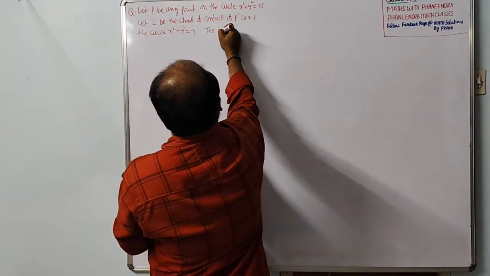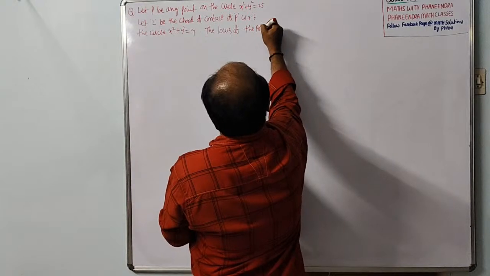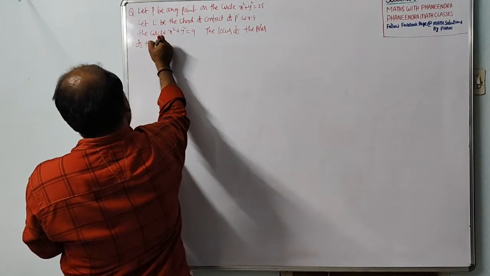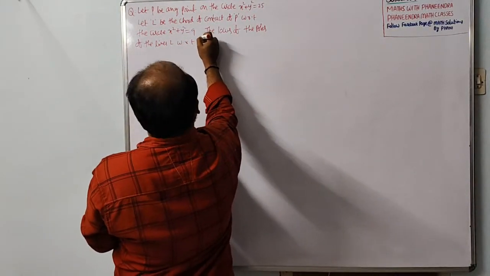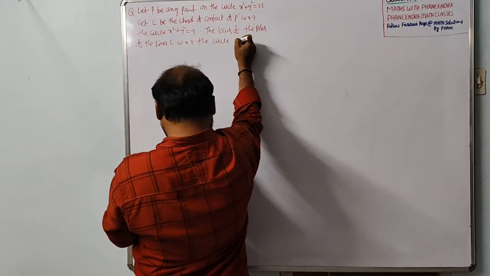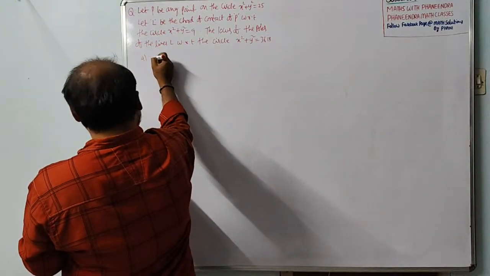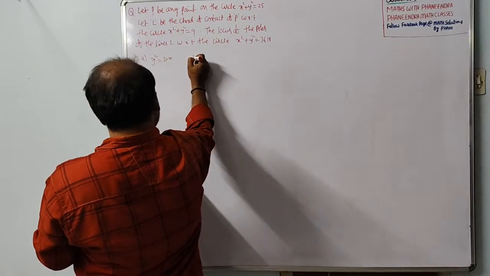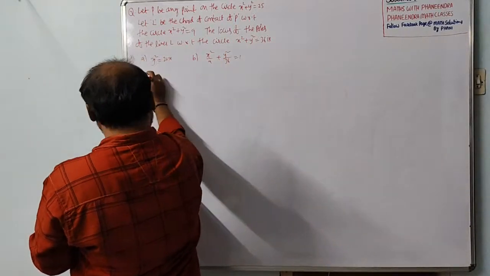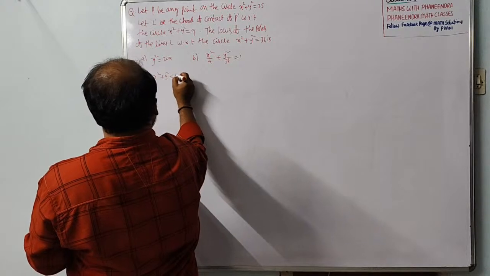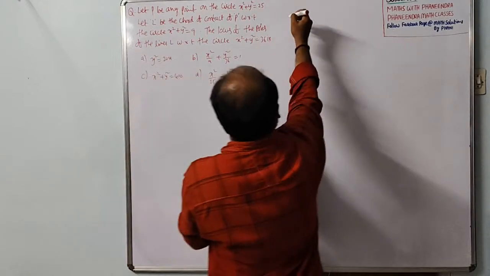The locus of the poles of the line L with respect to the circle x square plus y square equal to 36 is. Options: y square equal to 20x; x square by 9 plus y square by 36 equal to 1; x square plus y square equal to 400; x square by 25 minus y square by 16 equal to 1.